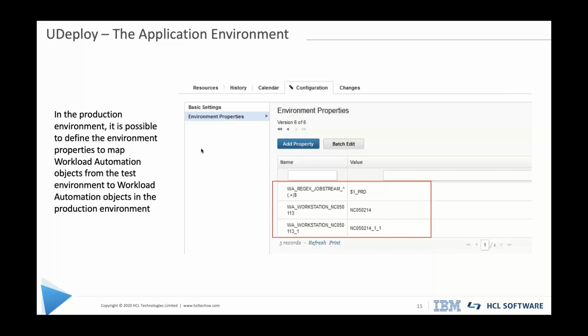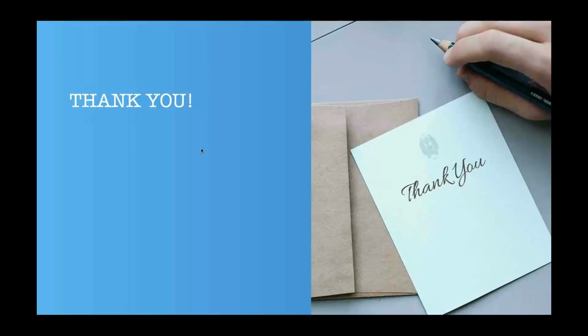So we want to allow you to use DevOps processes for workload automation objects. And now it's possible. Of course we can improve it, but certainly we want to enable this process also for workload automation. I think we finished a little early this time, so if you have questions, we are able to provide you answers.